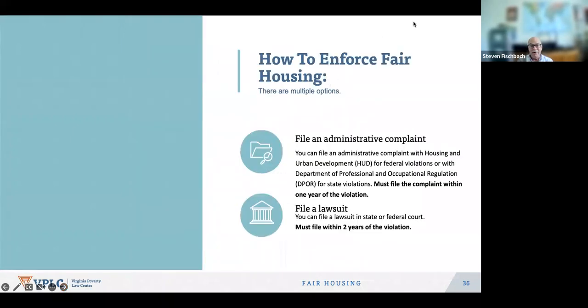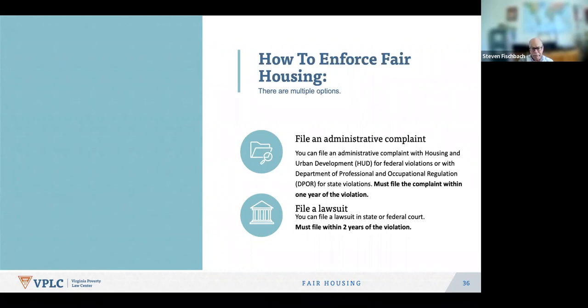Okay, so how is the Fair Housing Act enforced? Well, there are 2 ways, really. One is by filing an administrative complaint, and that can be done either under the Federal Fair Housing Act by filing a complaint with the U.S. Department of Housing and Urban Development, or if it's a protected class that's only covered under the Virginia Fair Housing Act, that complaint would be filed with the Department of Professional and Occupational Regulation, or DPOR.